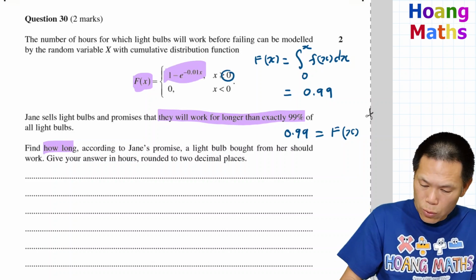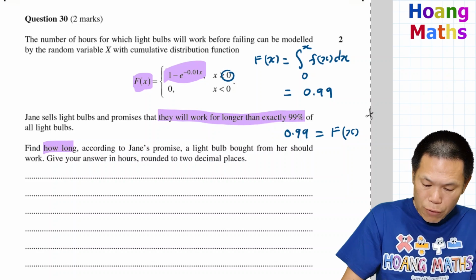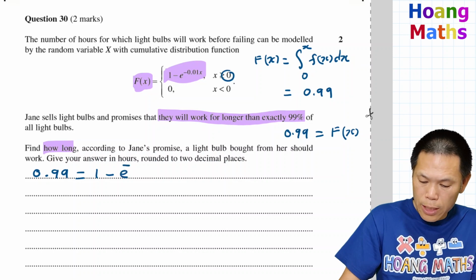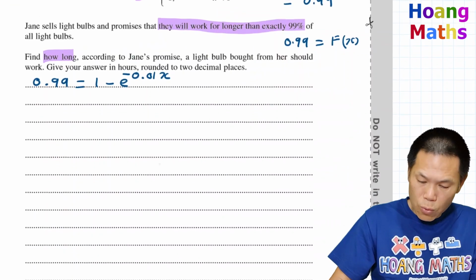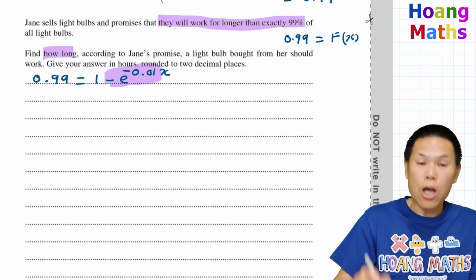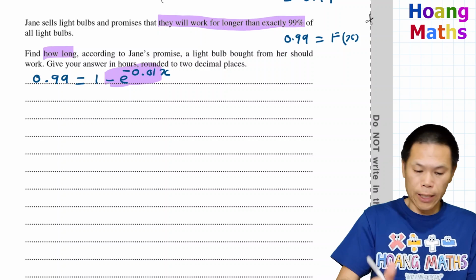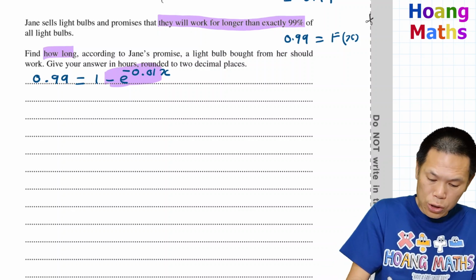So now what I do, I just go 0.99 equal 1 minus e to the negative 0.01x. So I move this on this side and 0.99 on this side, okay, so that becomes positive.